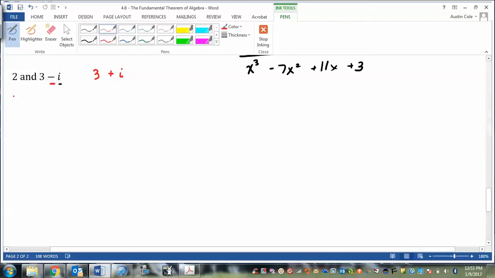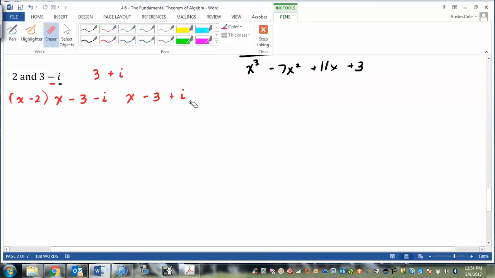So my factors then are x minus 2, x minus 3 minus i, and x minus 3 plus i. Okay? Now, like I did last time, I'm going to use brackets instead of parentheses.